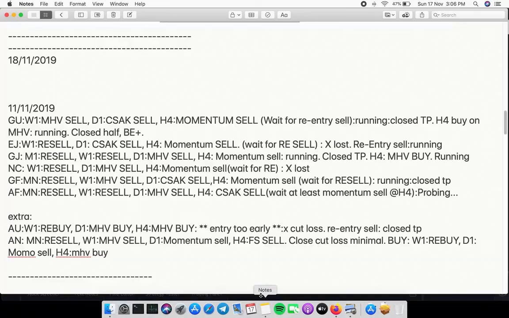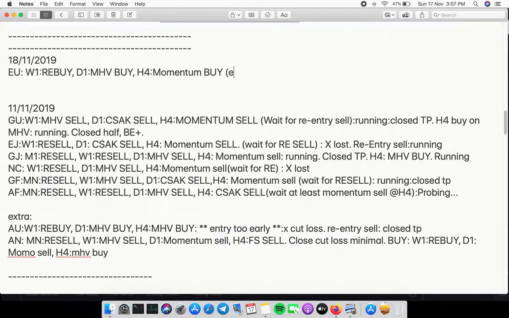So what we do is we record Euro USD in our trade plan. Weekly was re-entry buy, D1 was MHV buy, H4 is momentum buy.